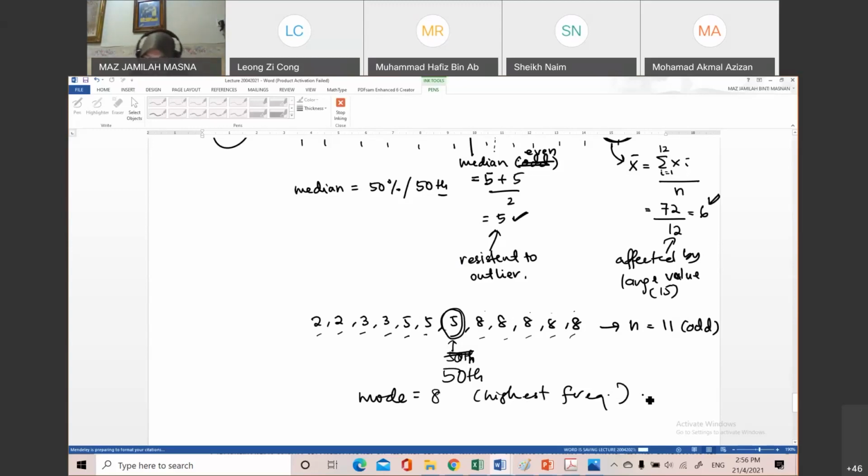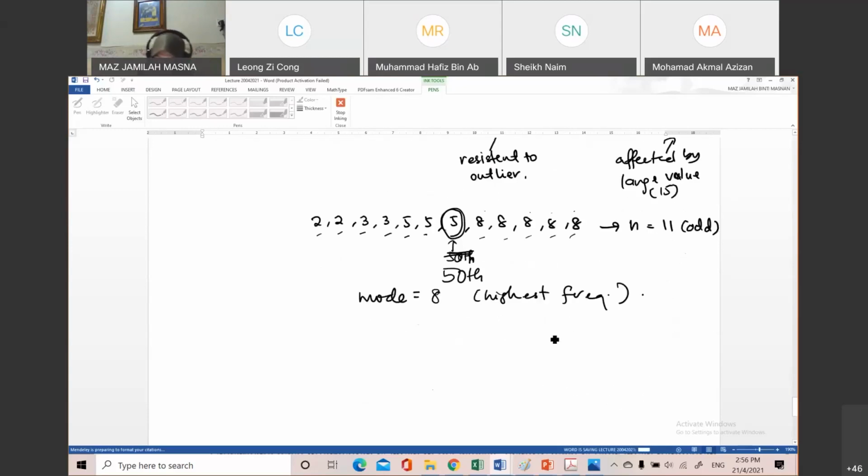Okay, if let's say I change a bit, I have 2, 2, 3, 3, 3, 5, 5, 5, 8, 8, 8. What is my mode here? 3, 5, 8. Yes, 3, 5, and 8. Obviously, any shared values of frequency show that it will have more than one mode for your data.